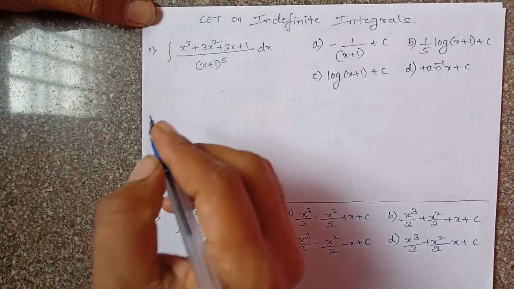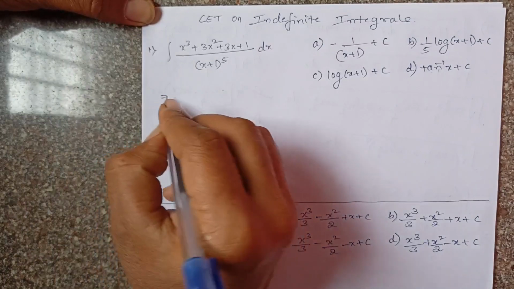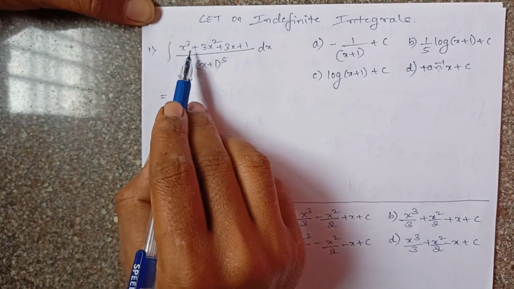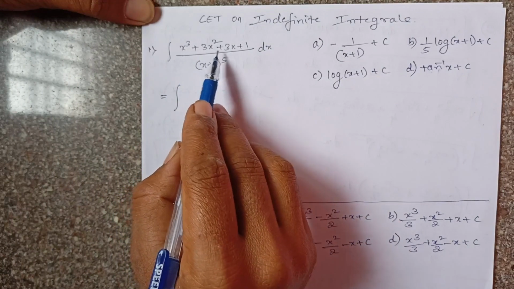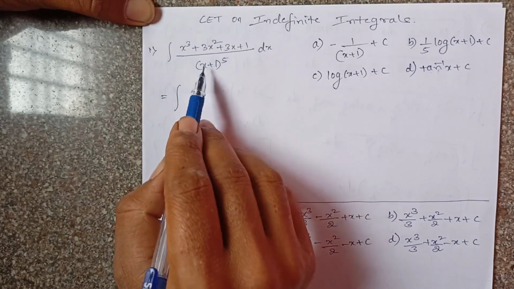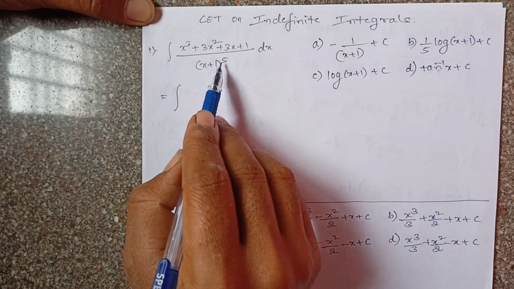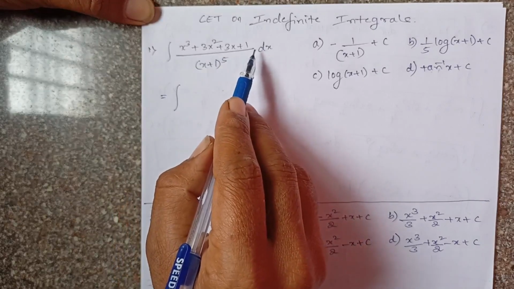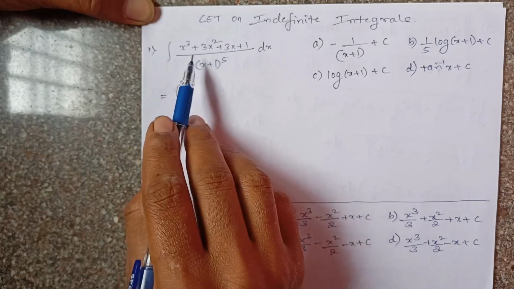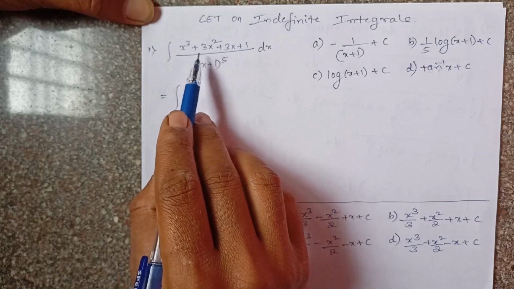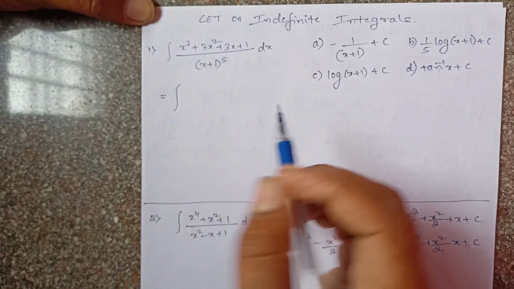In that first question, integration of (x cube plus 3x square plus 3x plus 1) by (x plus 1) raised to 5 with respect to x is there. Simple question it is. Numerator you observe x cube plus 3x square plus 3x plus 1.